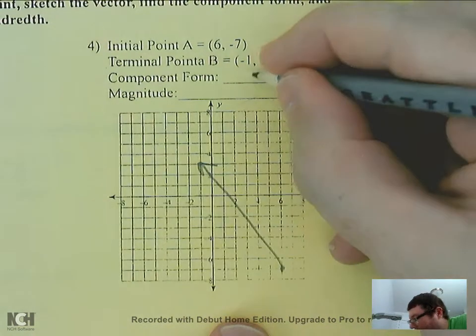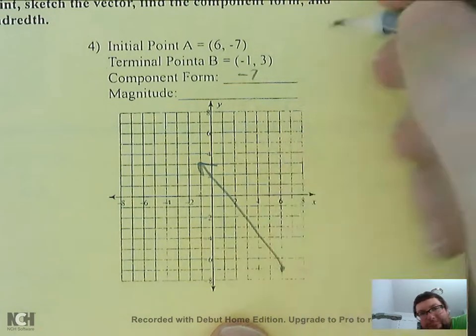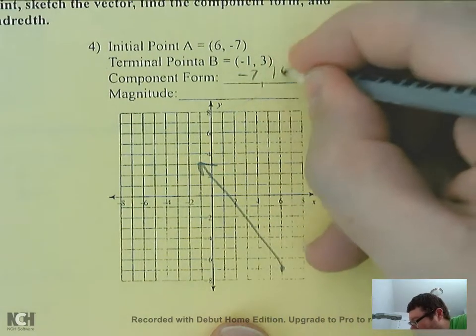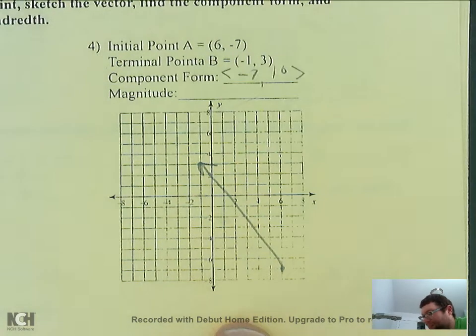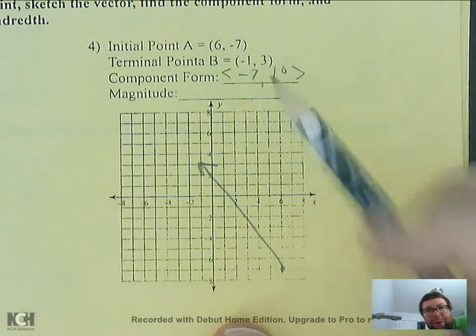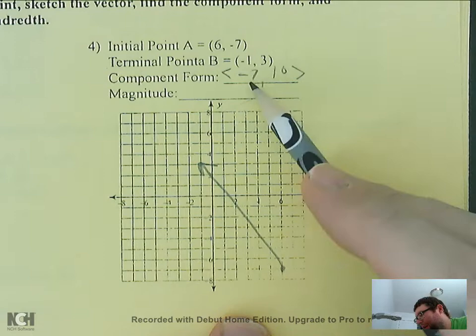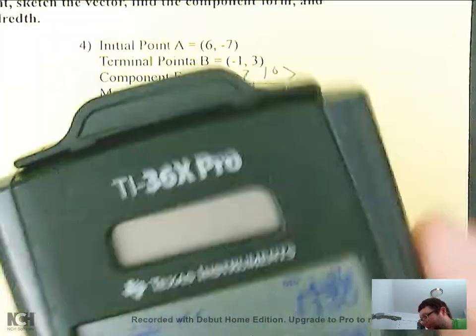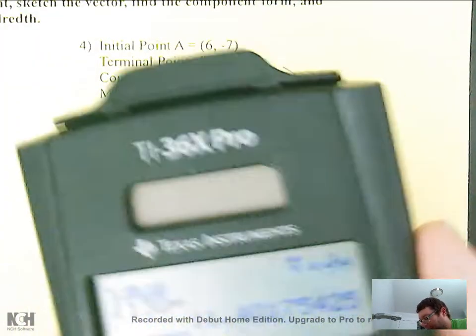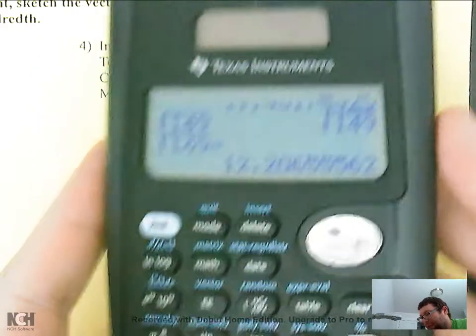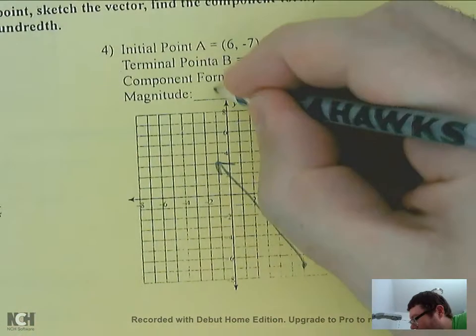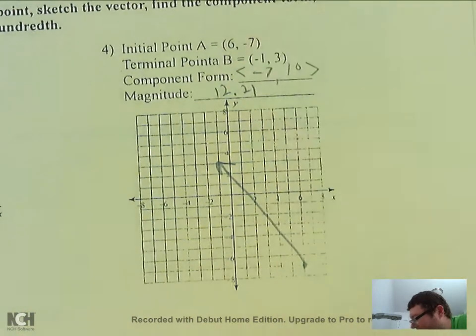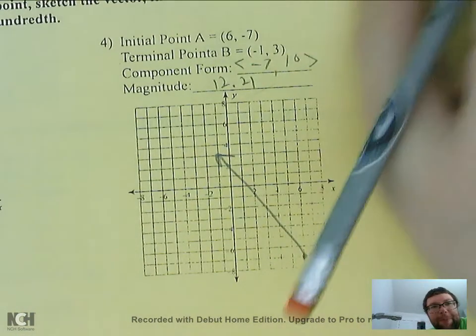So again, left is negative, so -7, up is positive, +10. Okay, and that would be my components. Now I square those, add them together, it would be 49 and 100, so the square root of 149 is 12.206, so 12.21. Okay, all right.